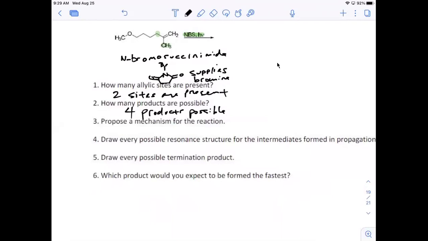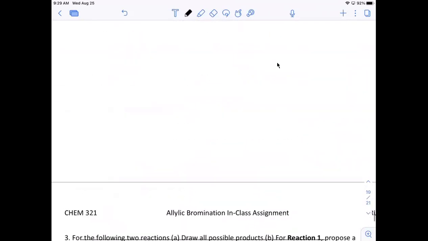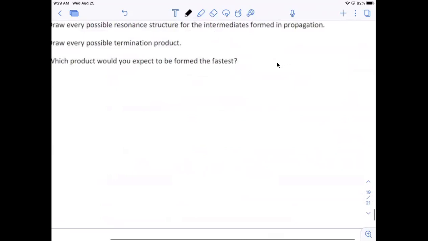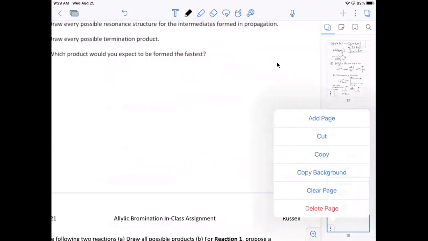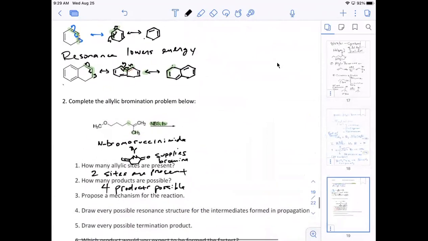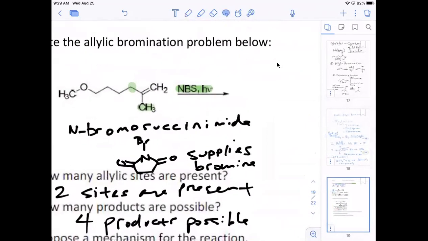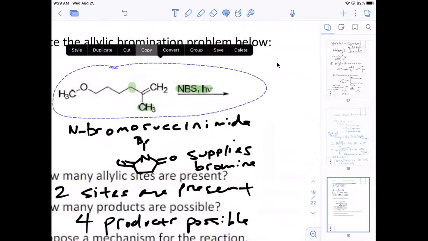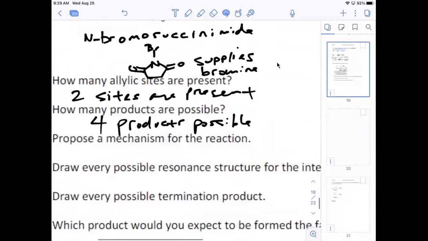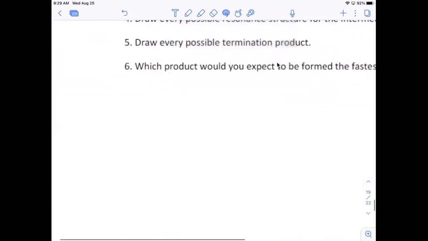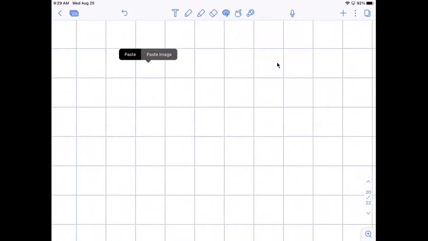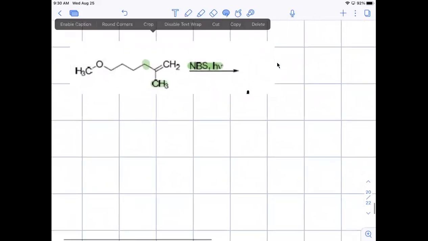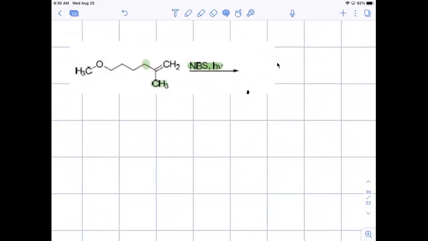It says draw every possible resonance structure for the intermediates formed in propagation. So that's the propagation step, where all of your rearrangements are going to happen. So I'm gonna add a page instead of trying to squeeze it in. Let me add a page here, and I'm gonna cut this and move it. All right, so I'm going to take this molecule.